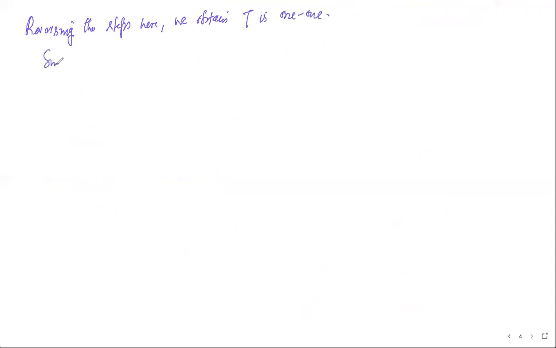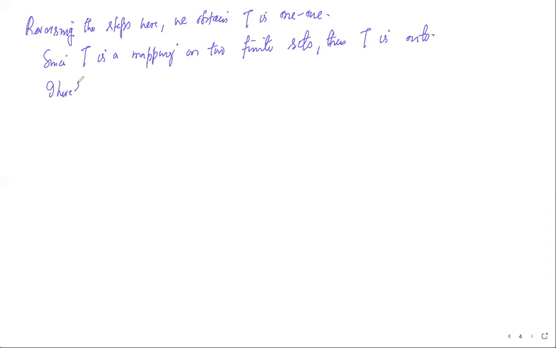And since T is a mapping onto finite sets, thus T is onto. So therefore, T is a bijection.